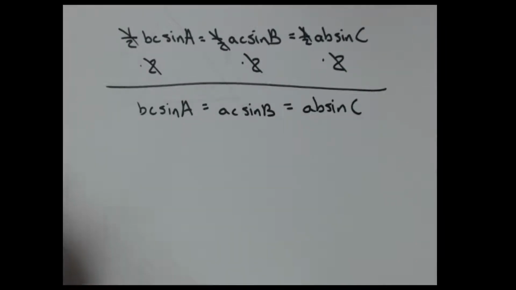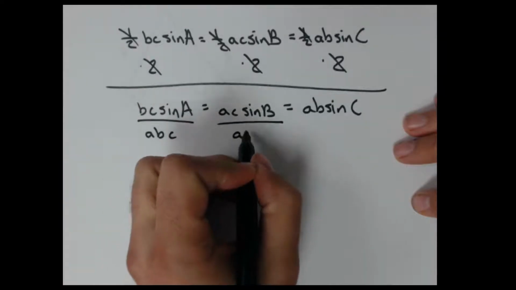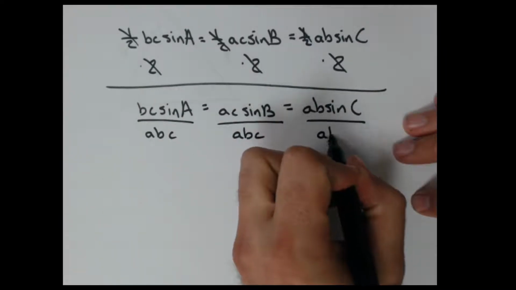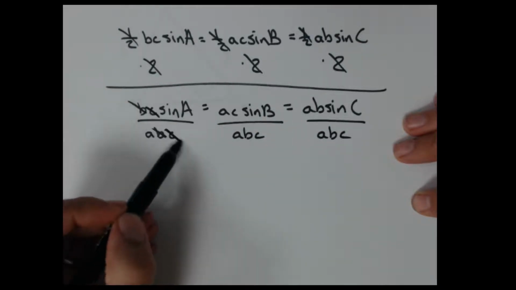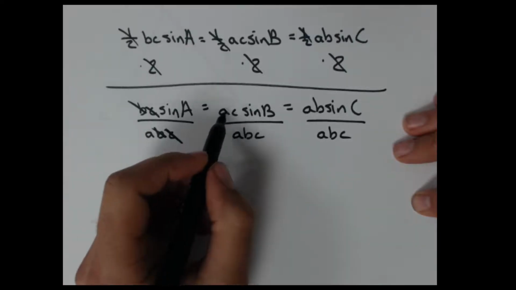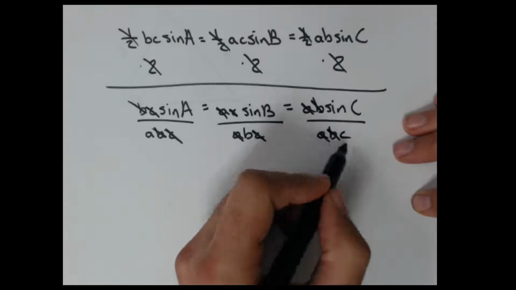Now the law of sines looks a little bit different than this, so I'm going to divide everything here by A, B, C. When I do that, you'll see that a lot of things can cancel. This B and this B cancel, this C and this C cancel, and over here I still have stuff canceling, and same thing on the last round.